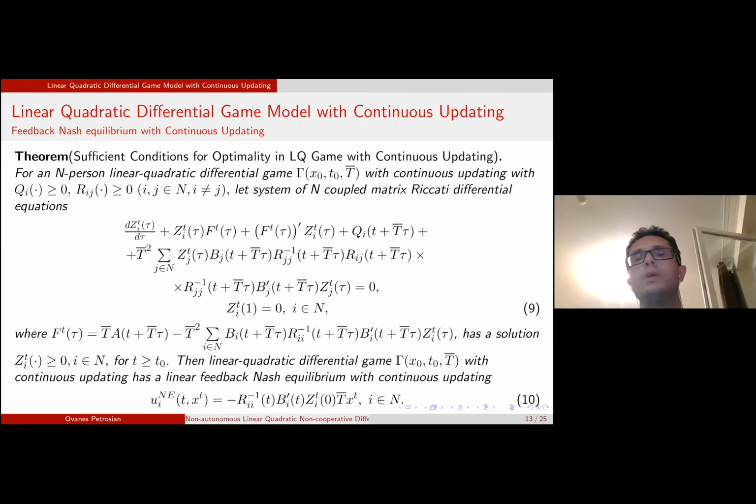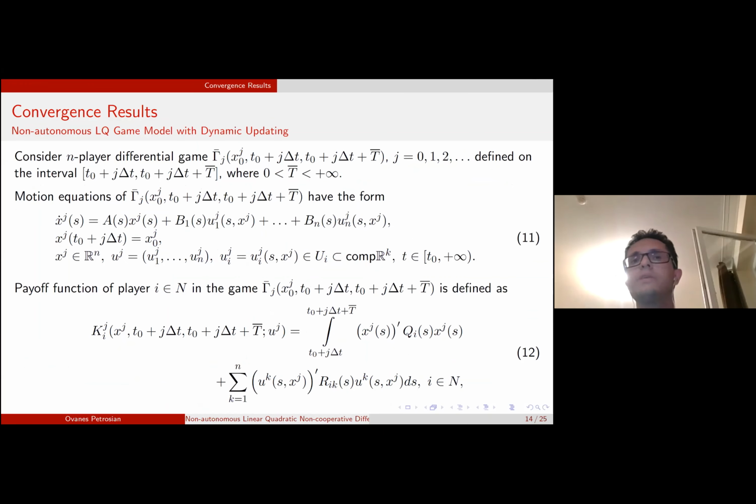Okay, so another interesting thing that we wanted to show is the correspondence of the continuous updating case and a dynamic updating case, or maybe a moving horizon or some discrete moving horizon case. What you can see on the slide here is the definition for the model with dynamic updating.